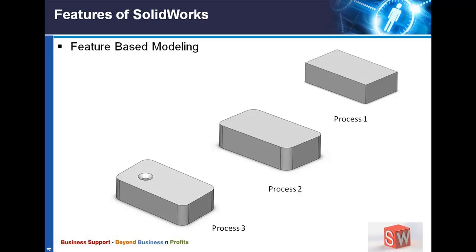To create this type of model, the first process is creating a block, then we blend all the sharp corners, and the third process is making a hole. This is called feature based modeling. A feature is nothing but a building block in a geometry, and geometry is an easily understandable shape.